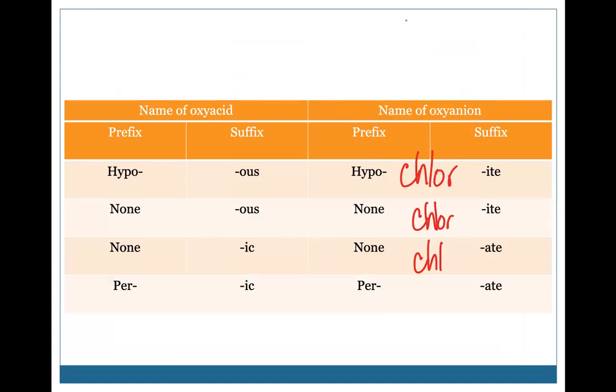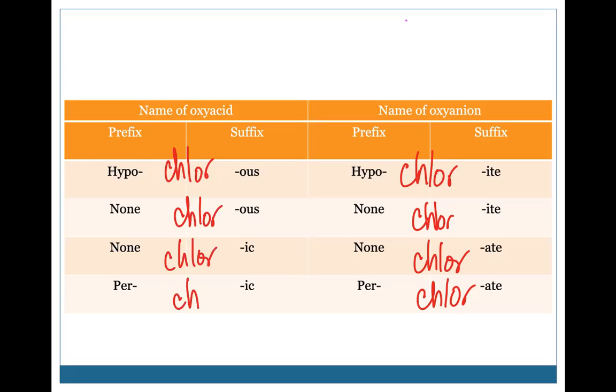Because that's the only group that we're talking about, right? The only thing we're missing is the root. So hypochlorite is ClO minus, and HClO is hypochlorous acid.